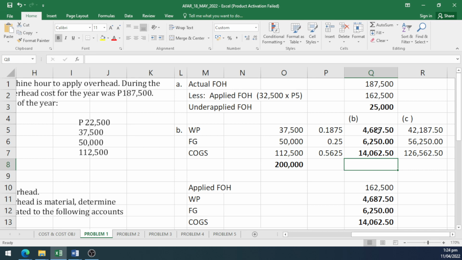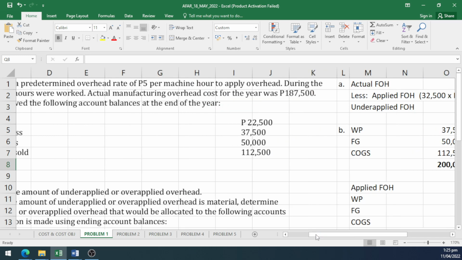For work in process, 4,687.5, 6,250 for finished goods, and 14,062.5 for our cost of goods sold. And because this is under-applied factory overhead, you're going to debit cost of goods sold. So, that is an increased adjustment.